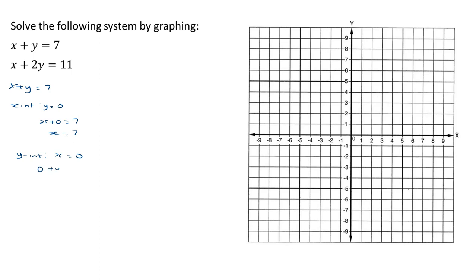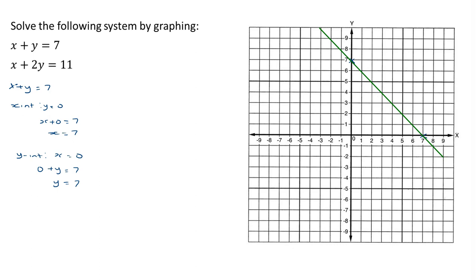So 0 plus y equal to 7. So y is 7. So we have 7 here and we have 7 here for the first equation. I'm going to draw that in a green pen. We're going to use a green line to indicate that specific equation. So that's the graph of x plus y equal to 7.